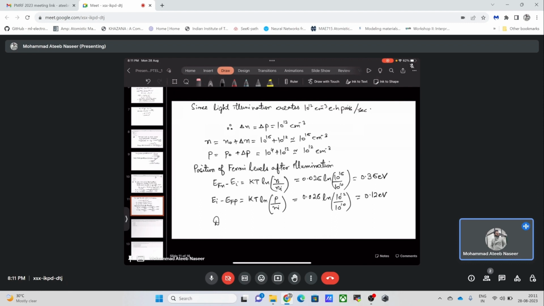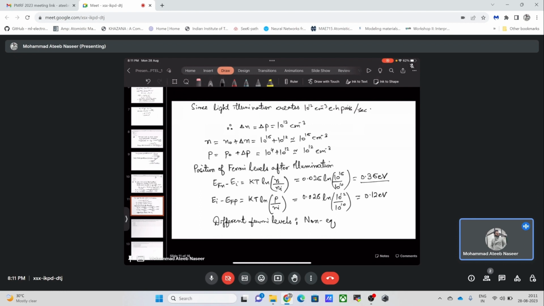So we now have different electron and hole Fermi levels, to capture this non-equilibrium situation.